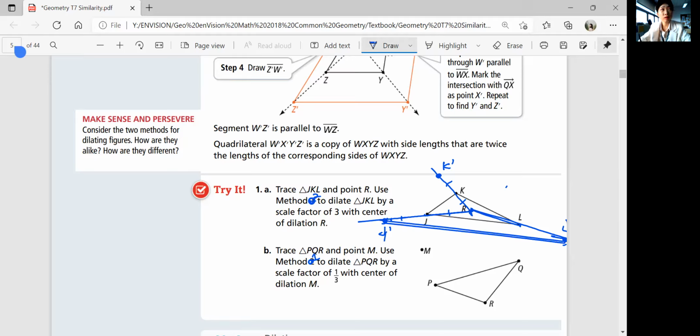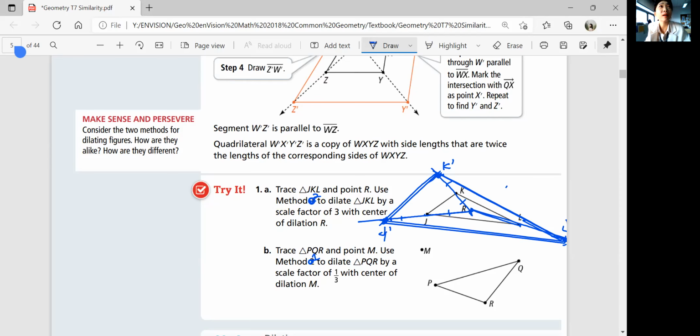There. And then you connect all the dots. And that's where you can see the dilated figure. There. So that's our triangle J prime, K prime, L prime, where we dilated JKL by a factor of 3.